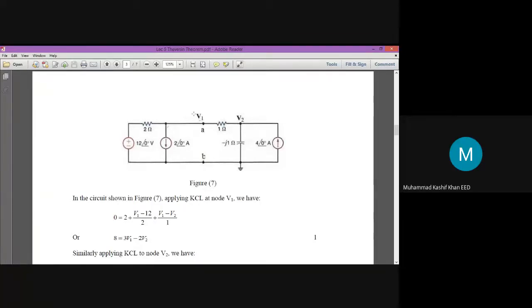So there we use Thevenin theorem. But in the exam paper, the question will not be like this, that you have to apply the Thevenin theorem twice on the same circuit. You will be asked about different quantities in the same element.